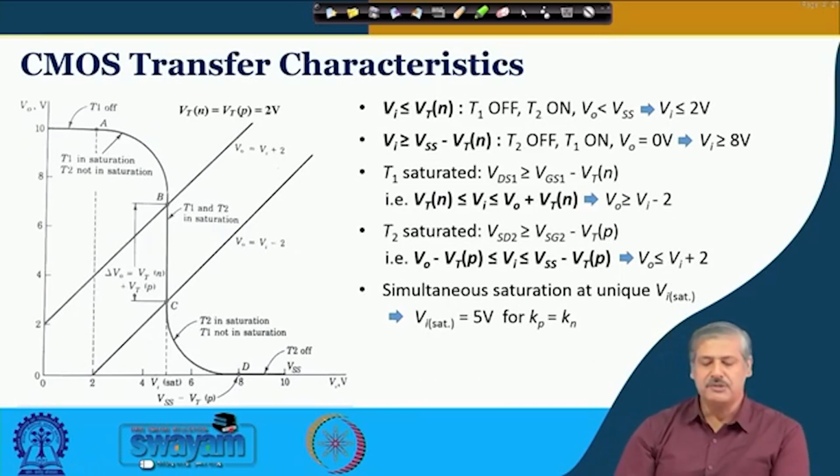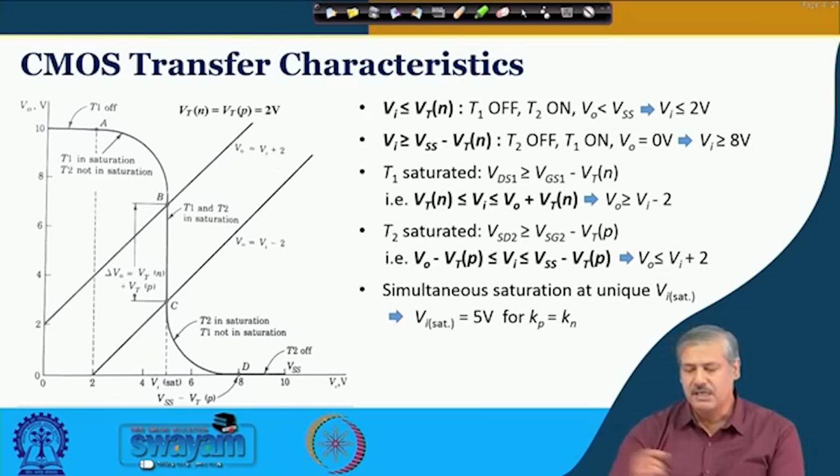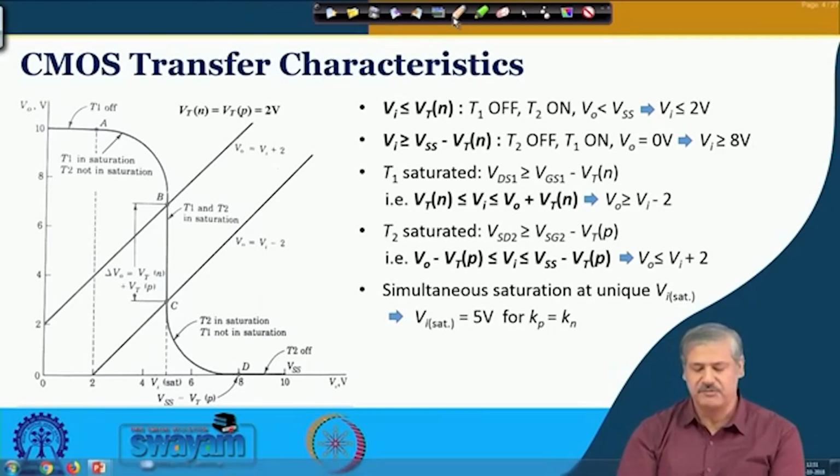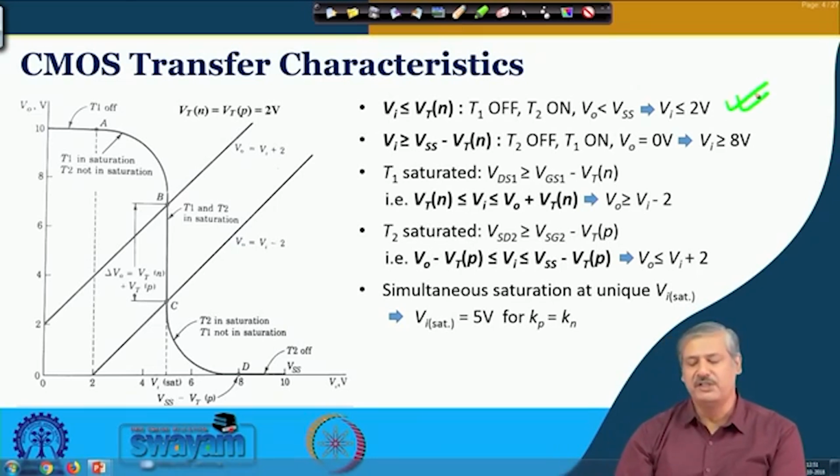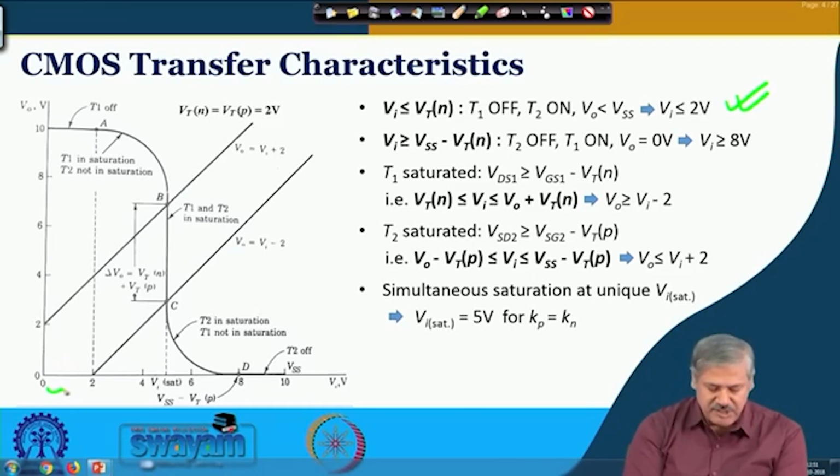With this we go to the CMOS transfer characteristics. If we look at the CMOS transfer characteristics, this is the Vi versus Vo plot, and it has 5 distinct zones. The first zone is the case when the input voltage is less than the threshold voltage of the NMOS.